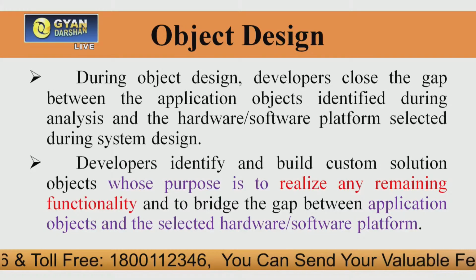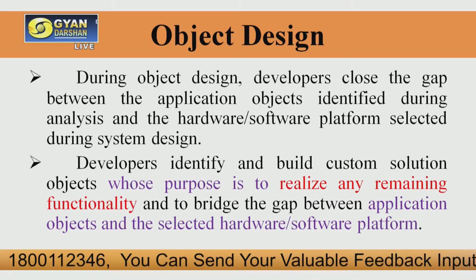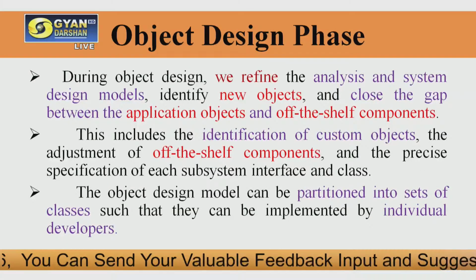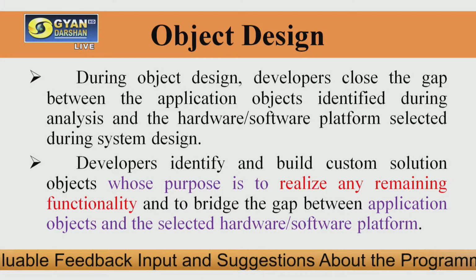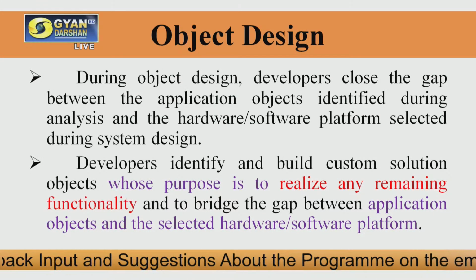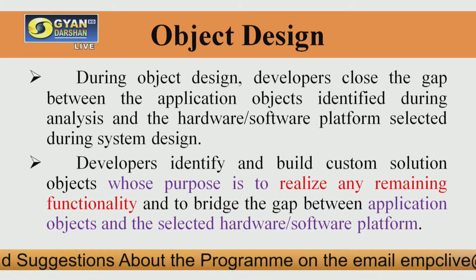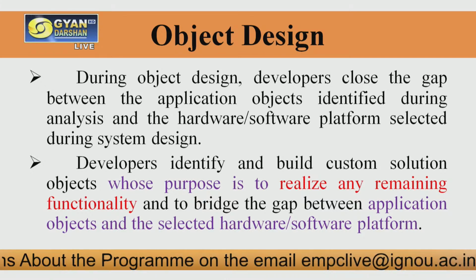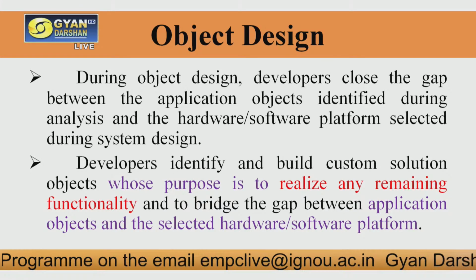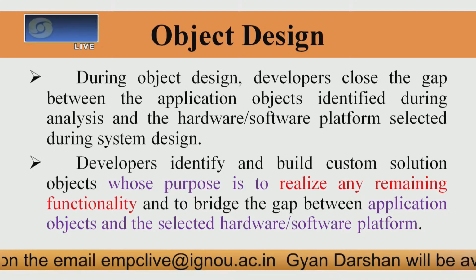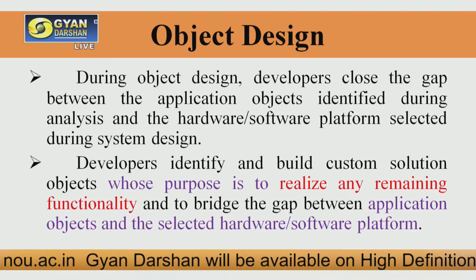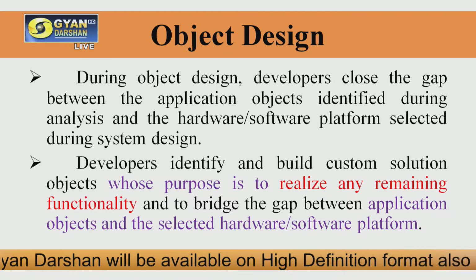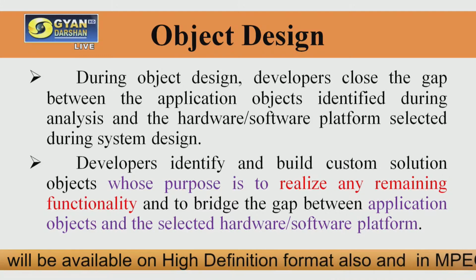Now, if we go one step further and look at what we are doing during object design, we are trying to close the gap between the application objects identified during analysis and the hardware and software platform selection, which we also revisit from the time of design.